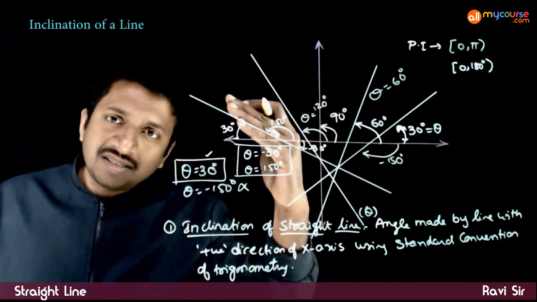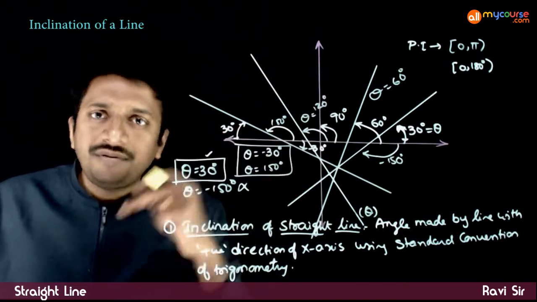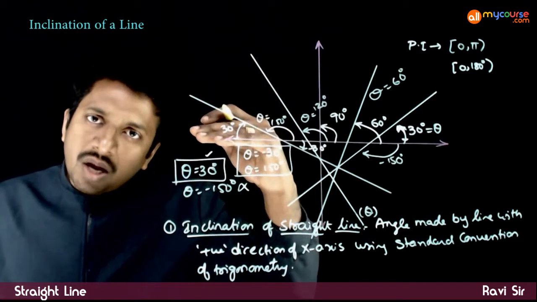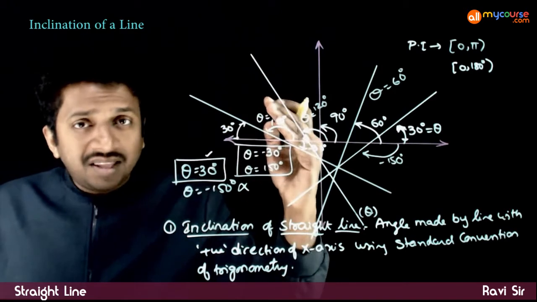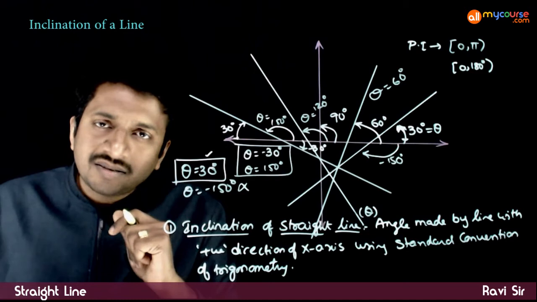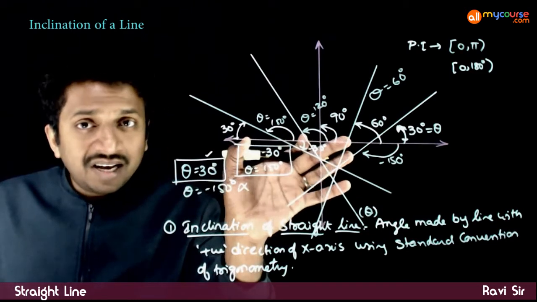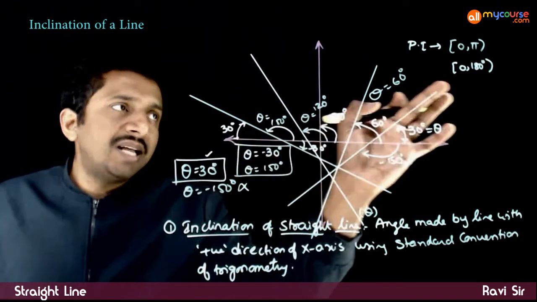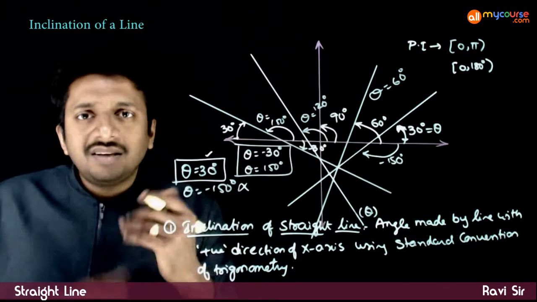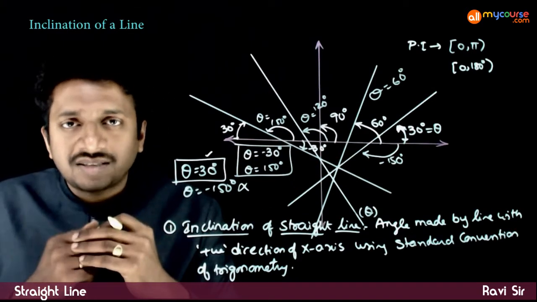If you still increase the inclination, theta is equal to 150 degrees, 160, 170, 180. When the angle becomes 180, the line will again become parallel to the x-axis. So instead of saying the inclination is 180, we report the inclination as 0 again, because if the line is parallel to the x-axis, that means it makes 0 degrees with the x-axis.